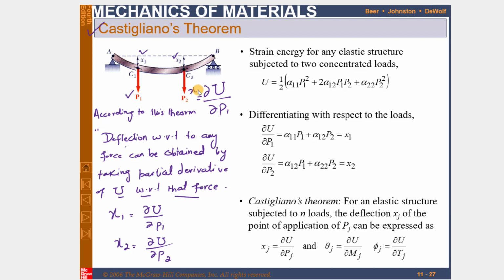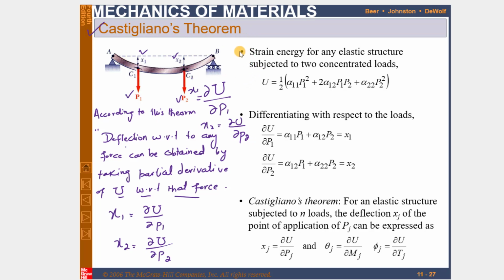That will give you the deflection at this C1 due to load P1. Now if you are interested to find the deflection x2, you will take the partial derivative of total strain energy with respect to this load. So x2 will be equal to partial U over partial P2. Clear? So this was the statement of Castigliano theorem.